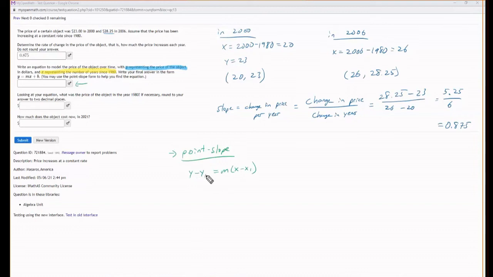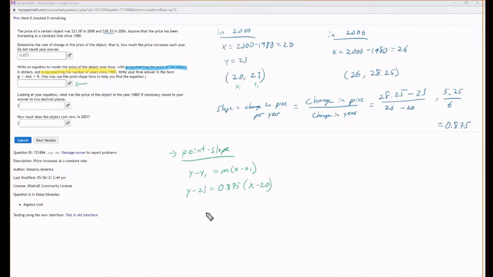And we just refer back and say, okay, here's my y minus y1 equals m times x minus x1. And I have the slope, which I'm going to put in for m, and I just pick one of my points. Okay, so this will be x1, y1. Remember, it always goes xy. So we have y minus 23 equals 0.875 times x minus 20.